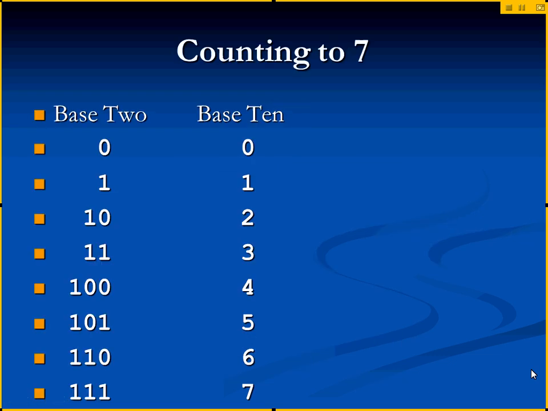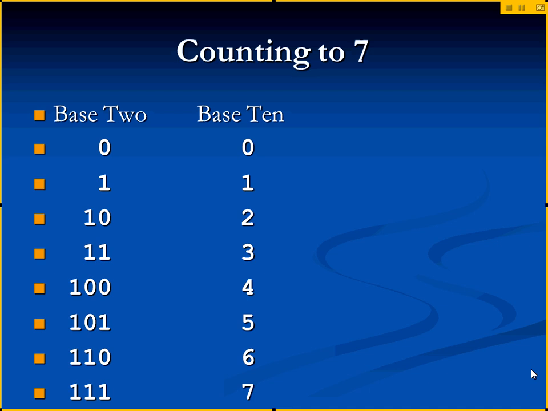So if we count to 7 in base 10, y'all pretty good at that, I bet. 0, 1, 2, 3, 4, 5, 6, 7. There's our 8 numbers. So look at how we count to 7 in base 2. How many digits does it take to get up to 7 using base 2? Well, there's 3 digits there.